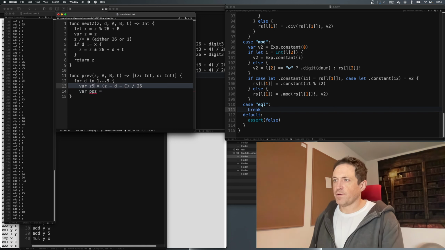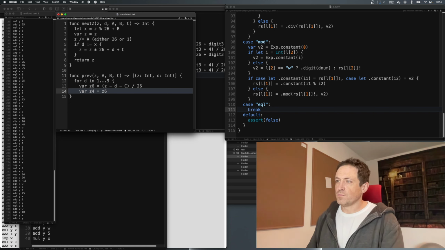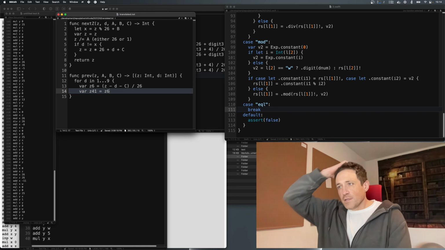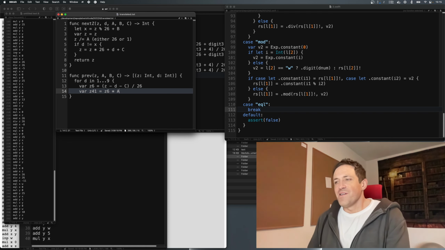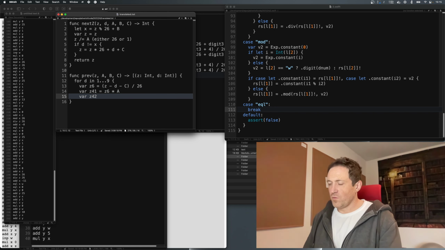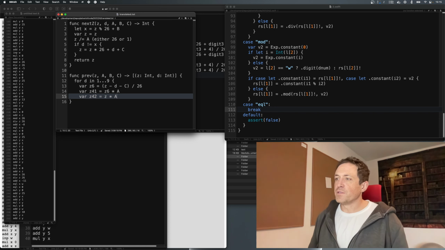So let's call that Z5, right? No, 6. Z before line 4 equals Z41, actually is Z6 times A. Z42 is Z times A, right? There are two possibilities there.